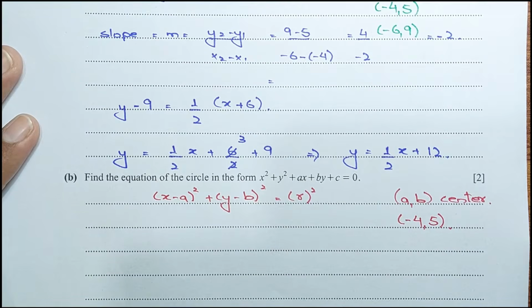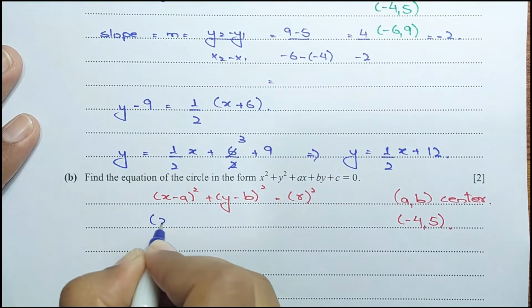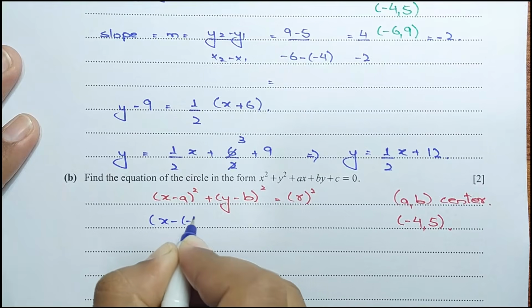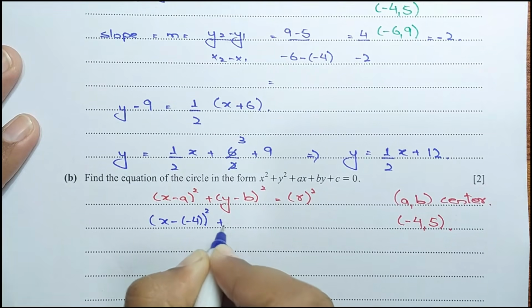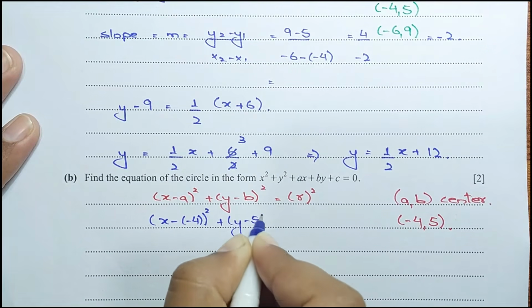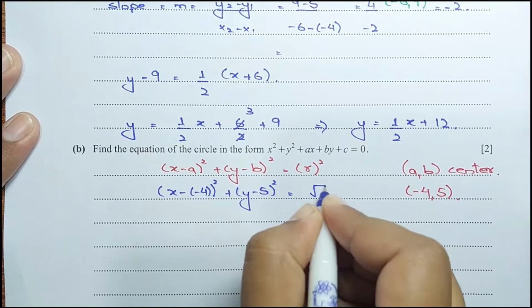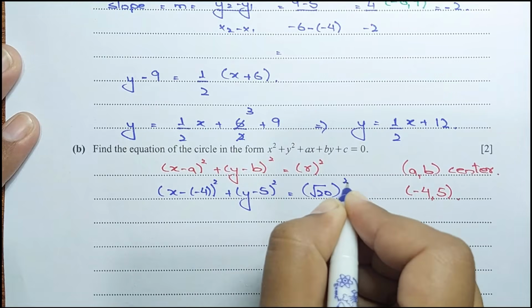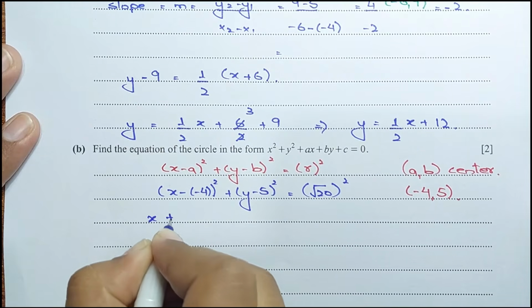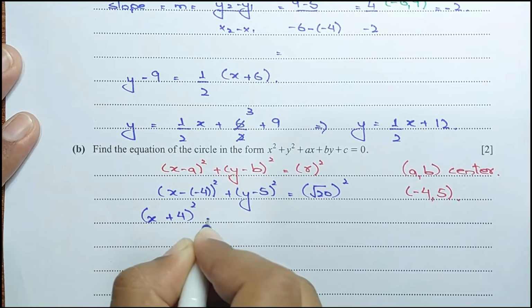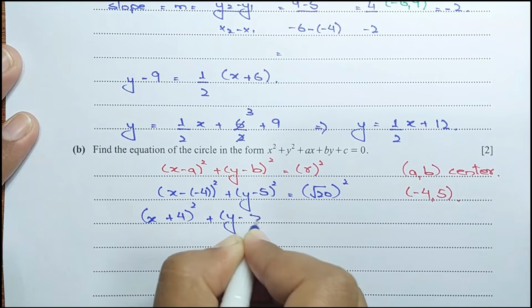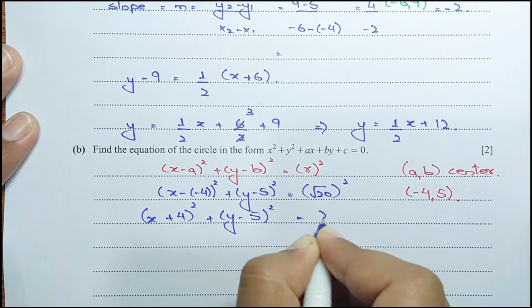So we have x minus -4 whole square plus y minus 5 whole square equals the radius, which is given as √20 units, and radius square is √20 whole square. So this is x plus 4 whole square plus y minus 5 whole square equals 20.